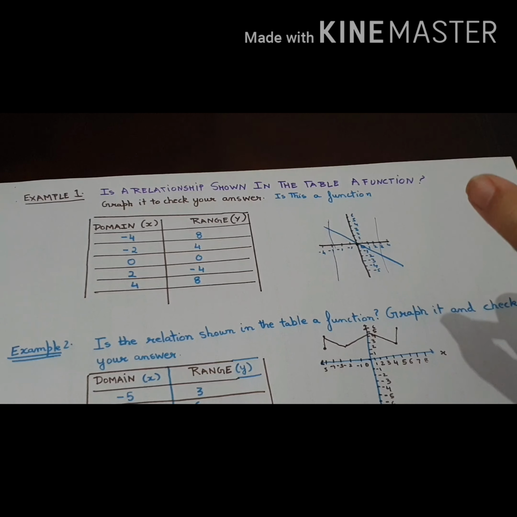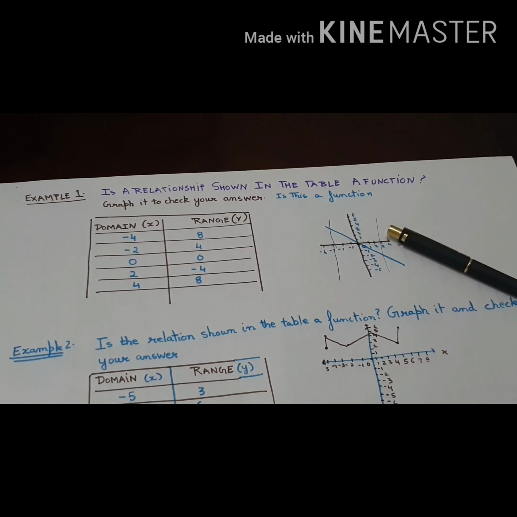So these two things you have to keep in your mind. First, the value of x should not be repeated, and secondly, the vertical line test: when you draw the vertical line, not more than a single point should touch it. So now I think the concept is clear to you.